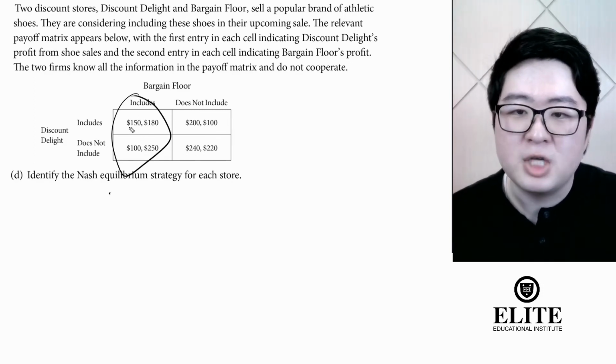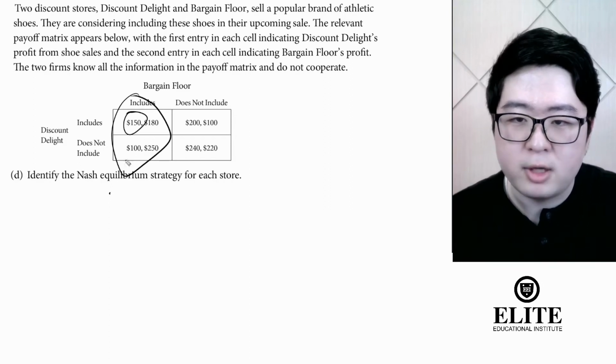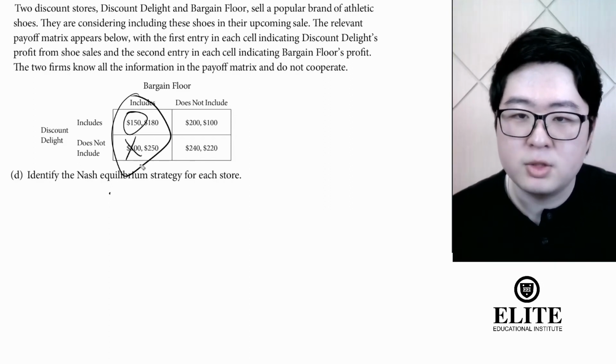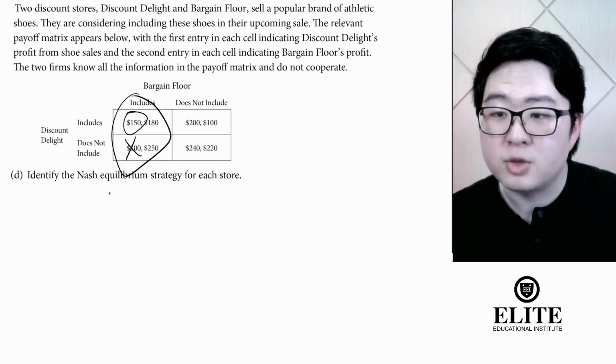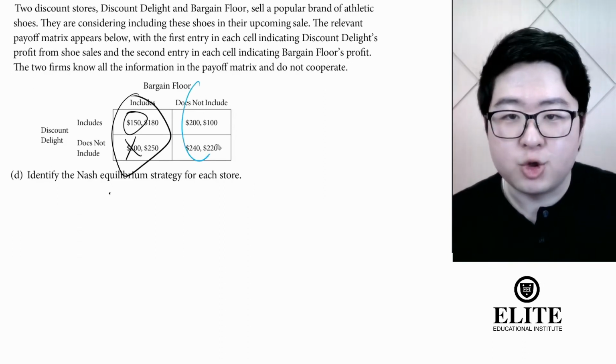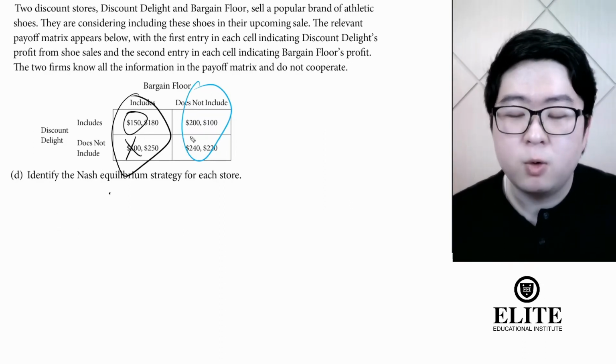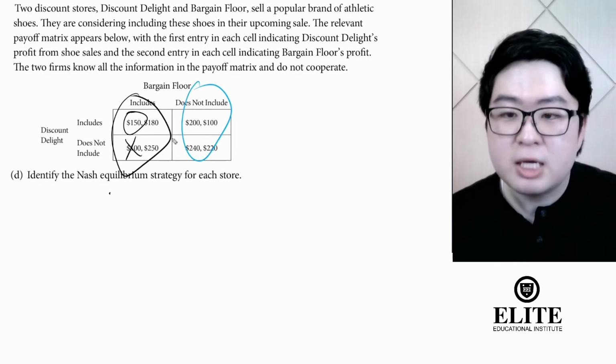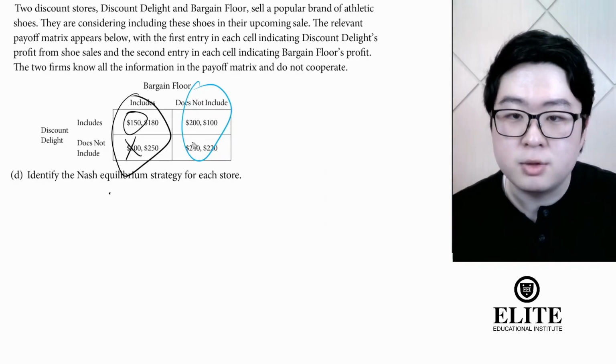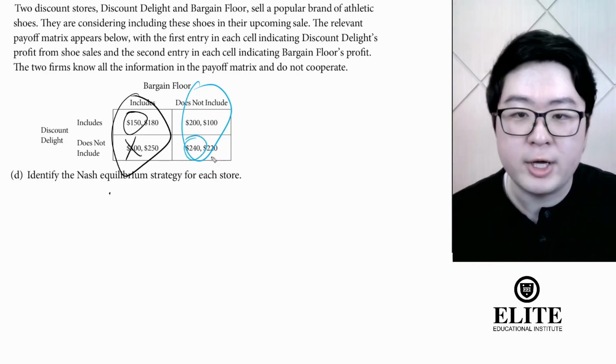And as you're solving the problem, what you want to do is just draw a circle there. You can X out 100 here if you want to. Let's take a look at the other situation. If bargain floor chooses to not include, what is discount delight going to do? Well, between 200 and 240, we know that it's going to want the higher profit of 240, so discount delight is going to choose to not include. So go ahead and draw a little circle right there.